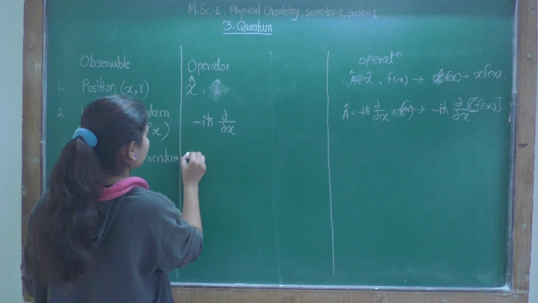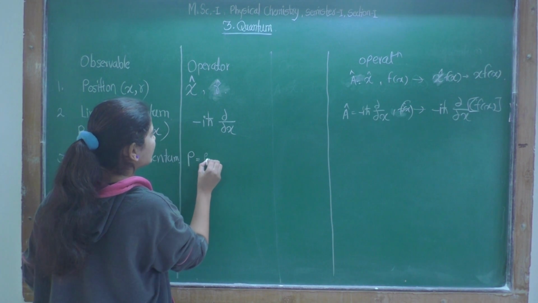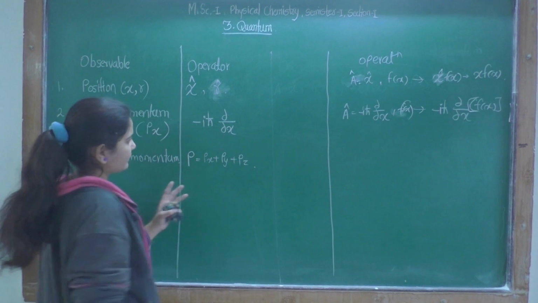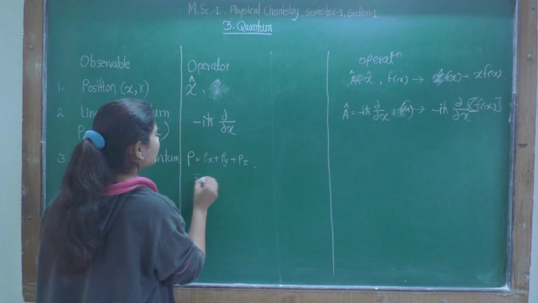Now, total linear momentum. How can we write it? P is equal to Px plus Py plus Pz along all three axes.